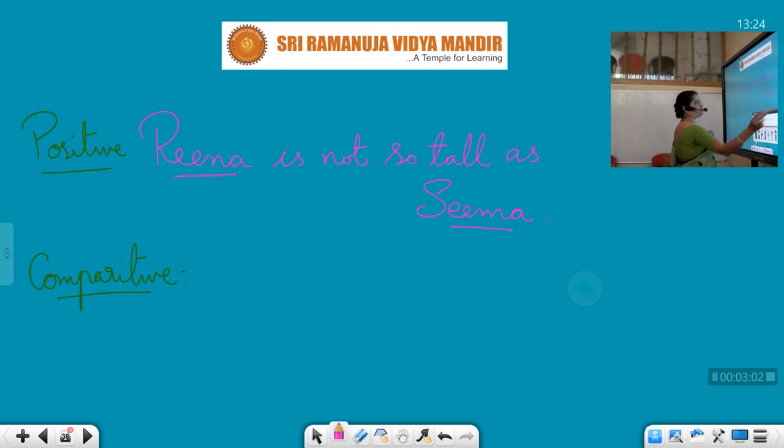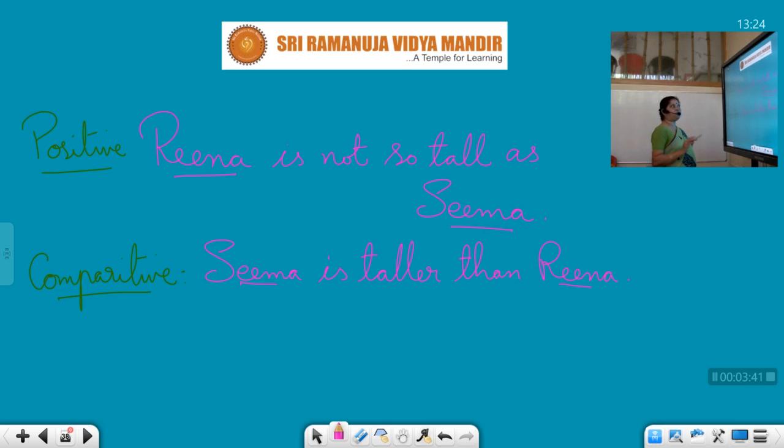It is like this, students. Seema is taller than Reena. Can you now understand the point? Reena is not so tall as Seema. So she must be either equal to Seema or shorter than Seema, but she's not taller. So without changing the meaning, I changed the degree of comparison. How? By saying Seema is taller than Reena.